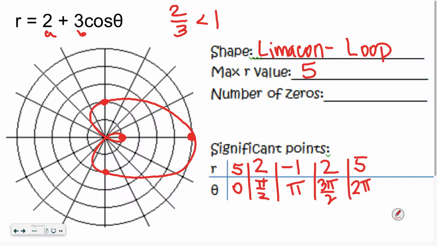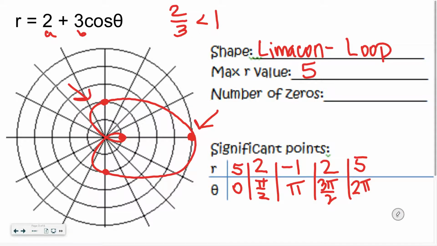It doesn't have to be perfect, but I will take off points if you don't go through the pole or if you make this a corner right here. This needs to be nice and smooth.